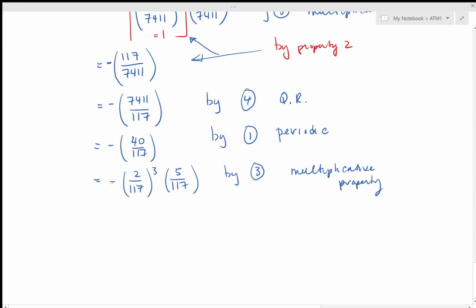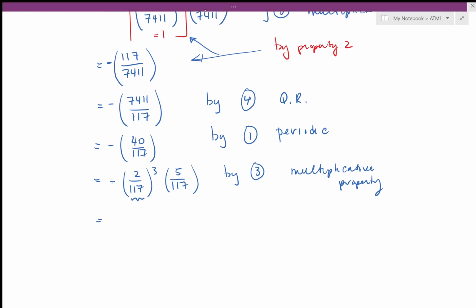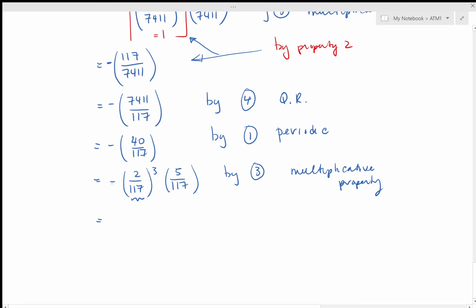Okay, and then I have that situation here. I have 2 over 117, and that is minus 1. And then minus 1 cubed is minus 1. So I'm just going to do this again in red because I did the last property 2 in red. So now I'm looking at this thing right here, and this is equal to minus 1 by property 2.